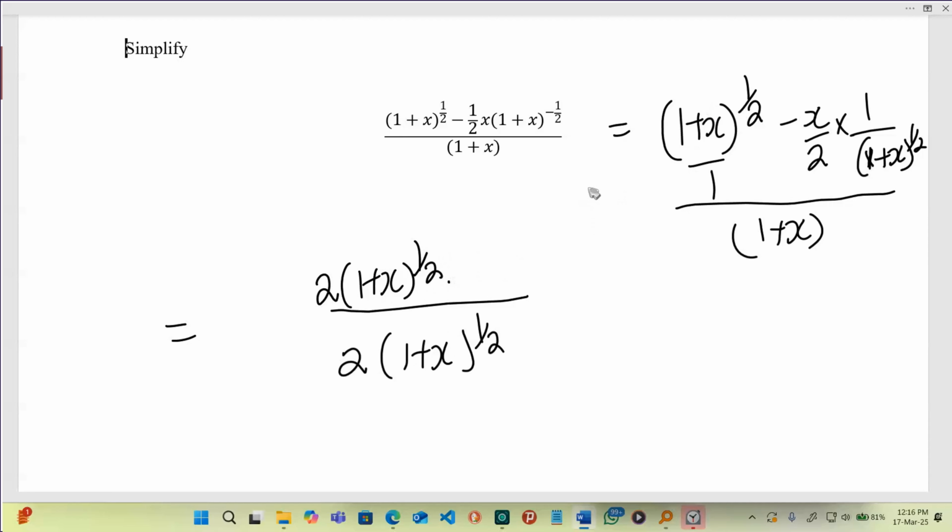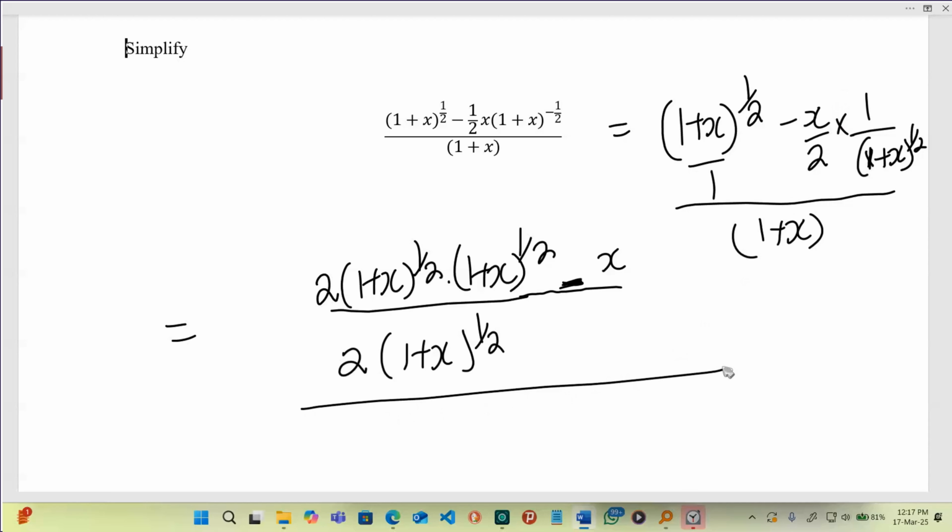Then I multiply by this, (1 + x) raised to a half. Then we are subtracting x. Subtract x, because if I divide this by that, then I'll have to get 1, I multiply it by x, and that remains that. So everything divided by 1 plus x.